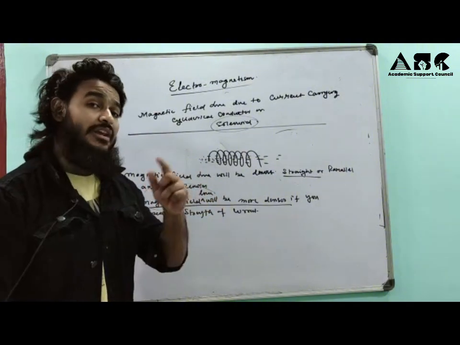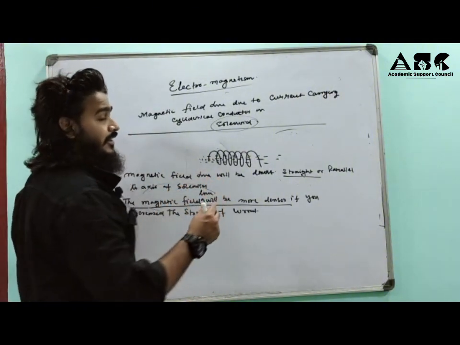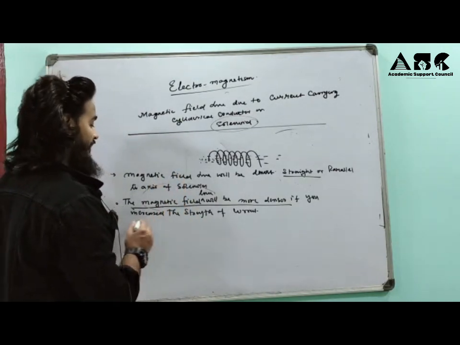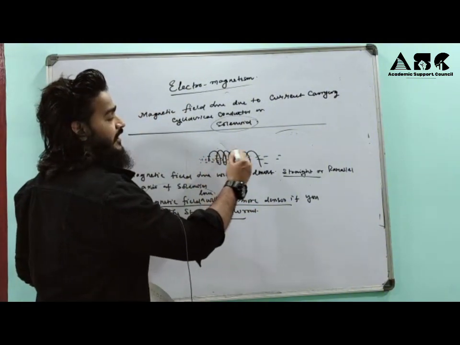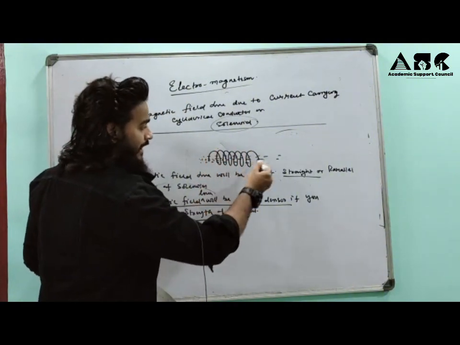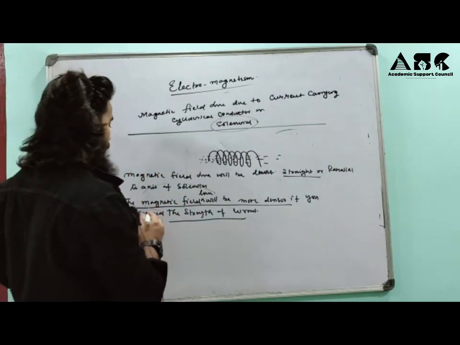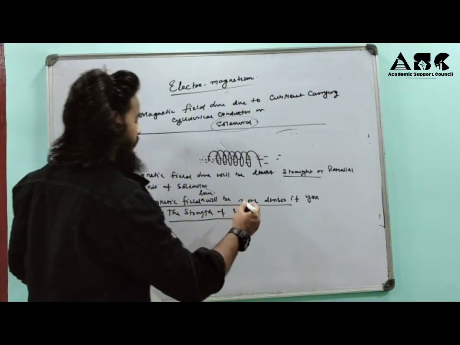Now the question will come in the exam: how can the magnetic field be increased? Just remember this point. If you increase the strength of the current, the magnetic field will be stronger, and the field lines will be more dense.